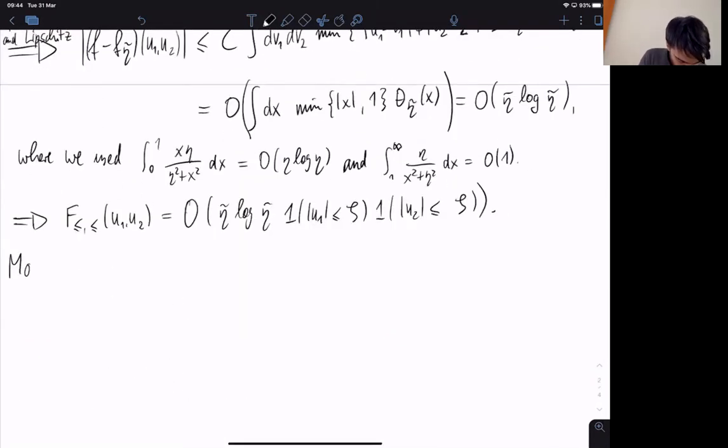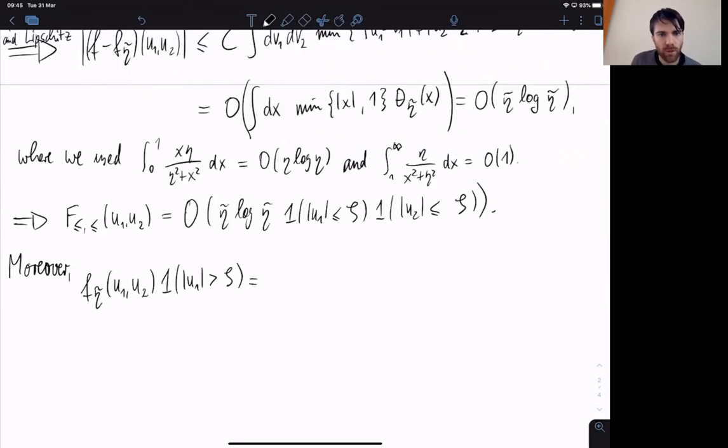We again estimate the argument. Now we only have one argument left. So what we are left with is, we have to estimate something of the type f eta tilde of u1, u2 times the characteristic function of u1 bigger than beta. So that's the thing we have to estimate, and then we do it as follows.